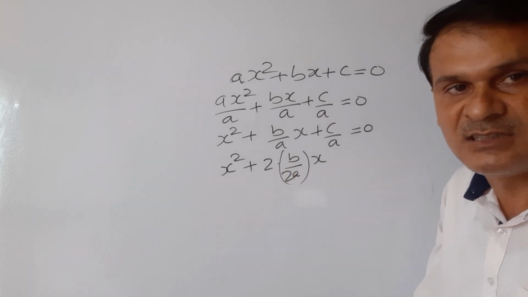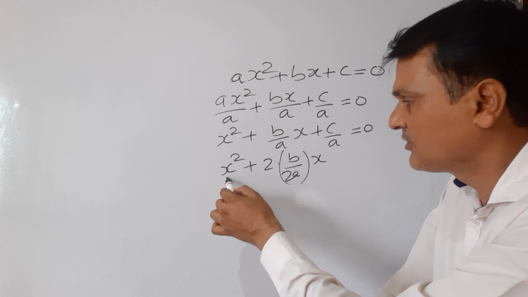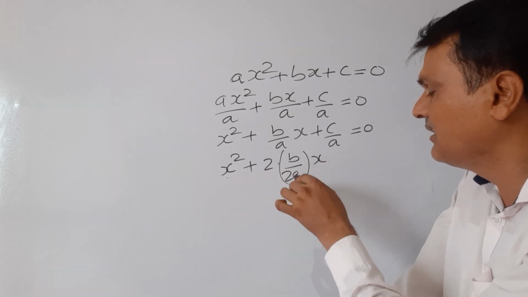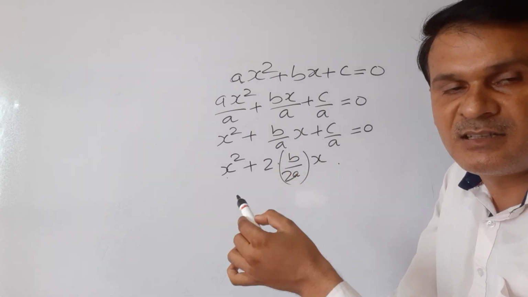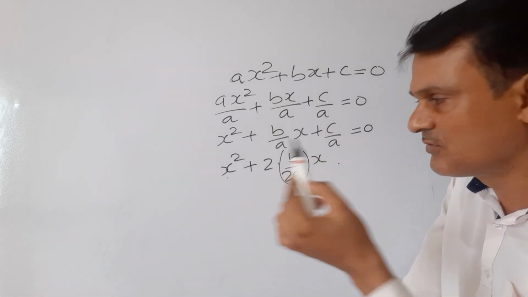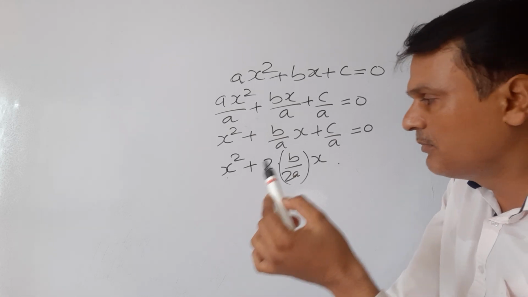When this equation is set up in the form of a square plus 2ab plus b square, then we can write that in the form of a plus b whole square. So to take out a factor of 2, this is very easy.